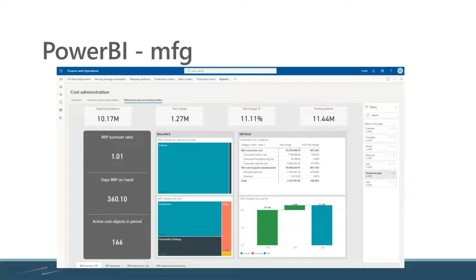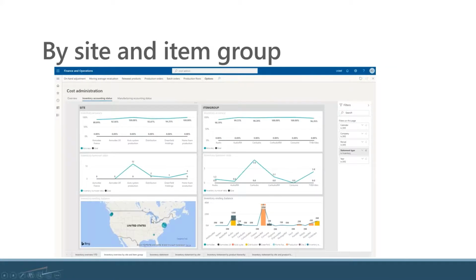I have orders that maybe we're scheduling too far out, and instead we shouldn't, so that when I do send work to the shop floor, it's going out to the shop floor at the most current planned cost versus whatever the planned cost was when I decided to make this order sometime in the past. So these are all good bullet points of things that need attention, things that I can start drilling into.